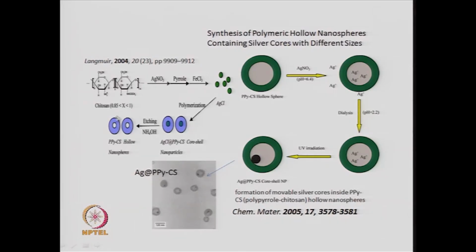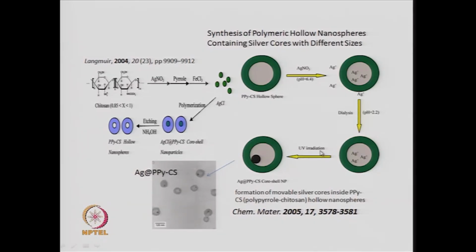Now, you take these hollow spheres, the PPY-CS hollow spheres, add silver nitrate at a certain pH, and you have silver ions inside and outside. You remove the silver ions outside by dialysis at a low pH, and you are left with a shell of this polypyrrole chitosan with silver ions inside.